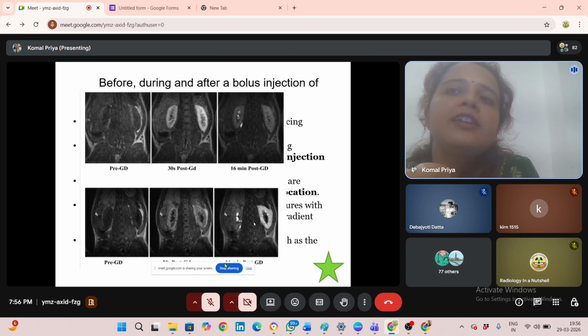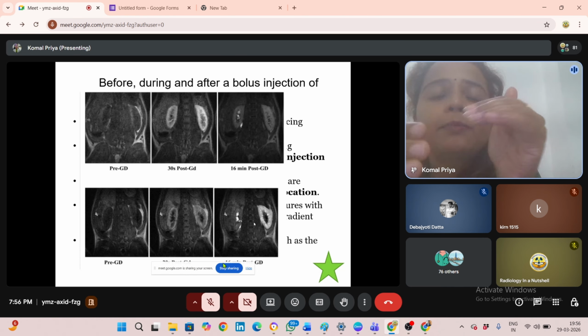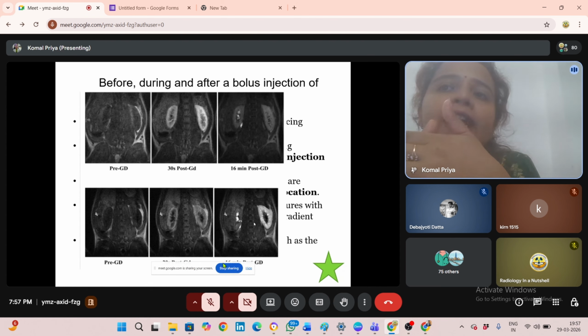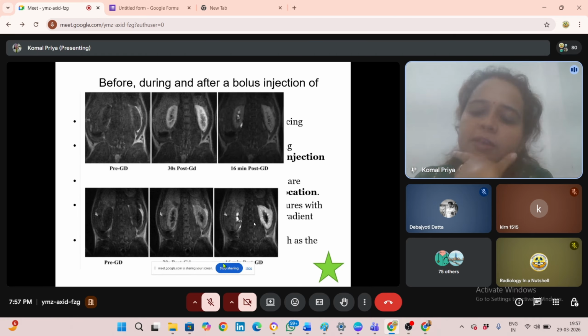So that curve will be generated, and that you can say is the time intensity curve. And this time intensity curve for multiple images will be seen, and once you combine all these images, you will get to see a cerebral blood volume map, which is known as your CBV map.